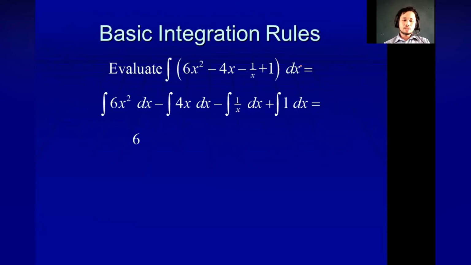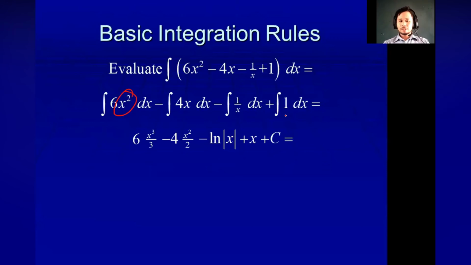And that is also equal to, you pull out 6, and then by power rule for integration, that is x cubed over 3 minus 4, we add 1 here, so that is x squared over 2 minus the integral of 1 over x, which is ln of the absolute value of x, and then the integral of 1 is x.